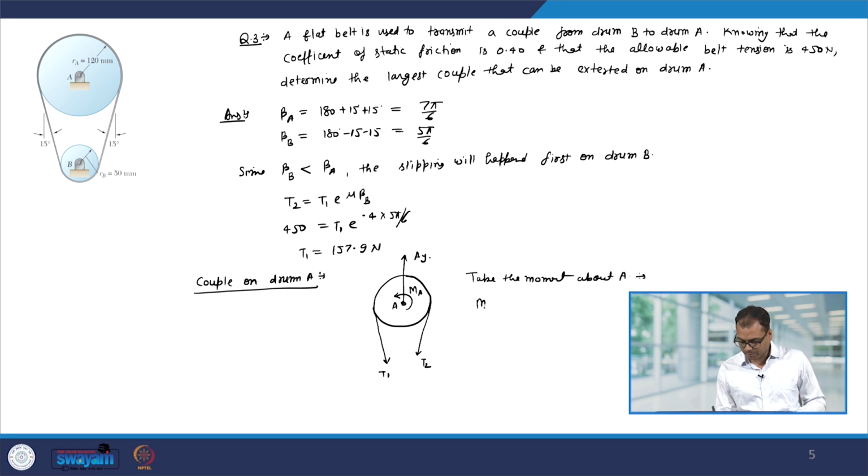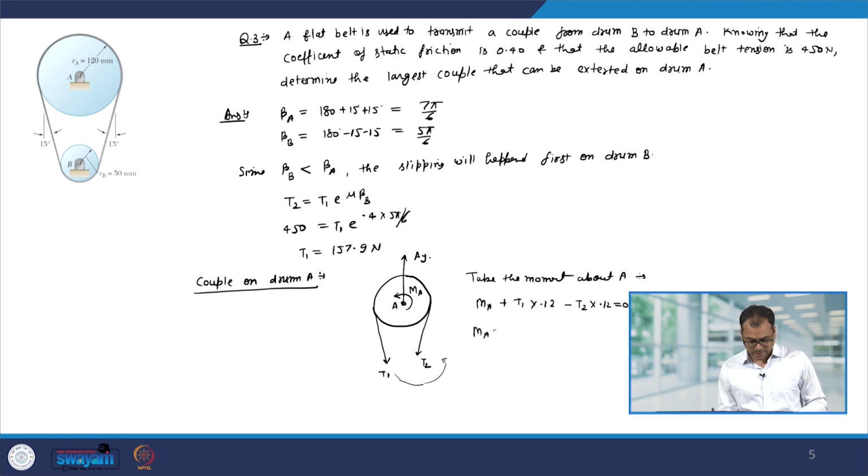So, we have Ma plus the tendency of T1 about point A is to rotate it in the anti-clockwise direction. So, it will be T1 into the perpendicular distance, which is the radius, and it is given, it is 120 mm. So, it will be 0.12, minus T2 into 0.12, and this should be equal to 0.